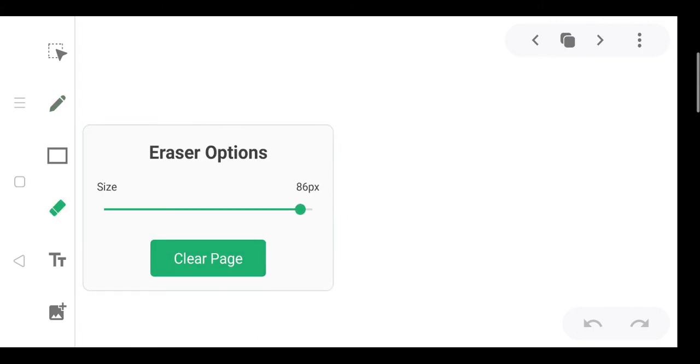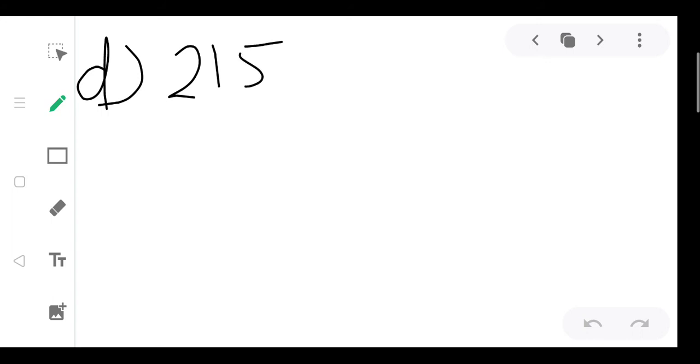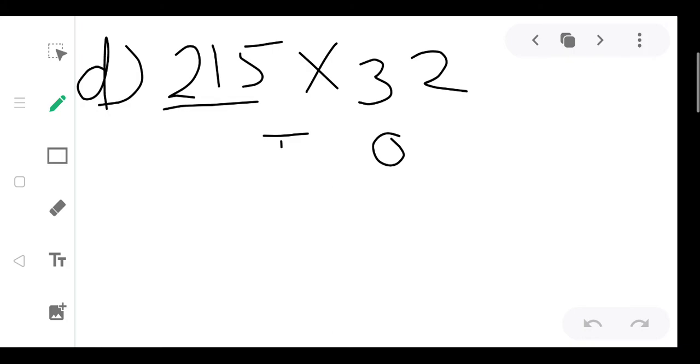Next is D part. 215 we have to multiply by 32. Same multiplication and same steps you have to follow here also. So before doing multiplication, what is your first step? You will write the places at the top. Then you will leave proper space here, because here you have to write carry.